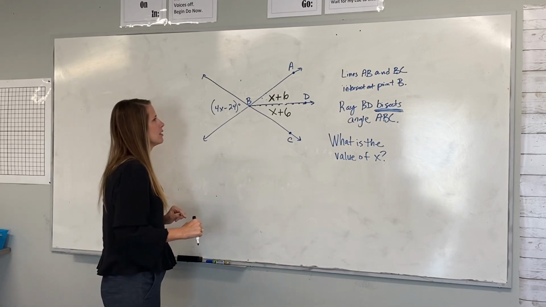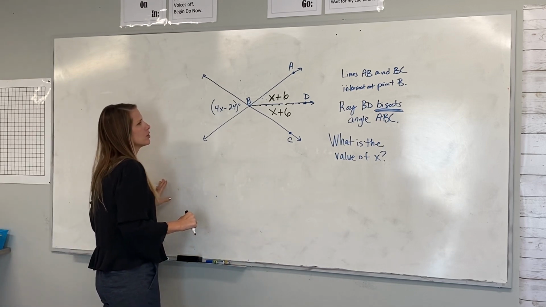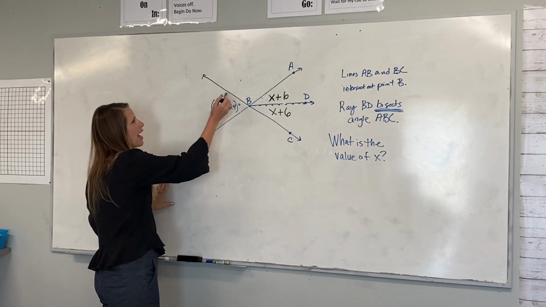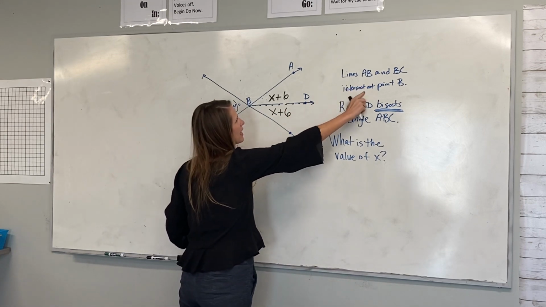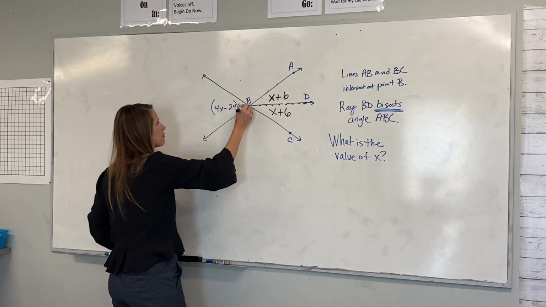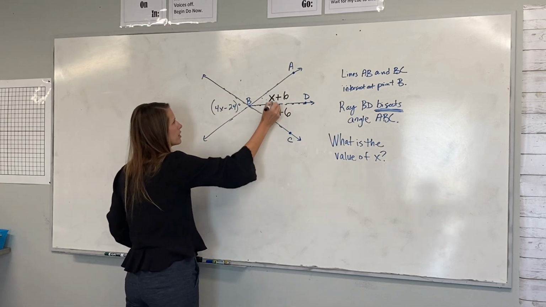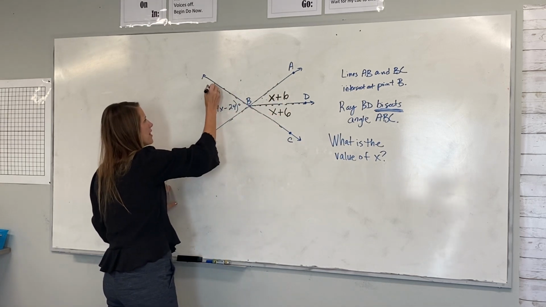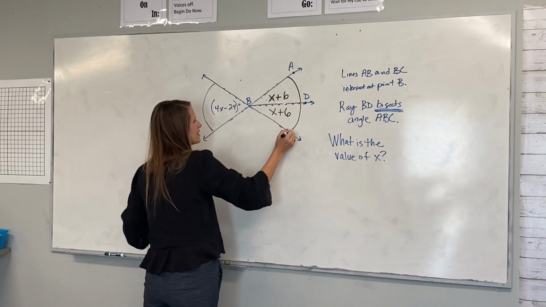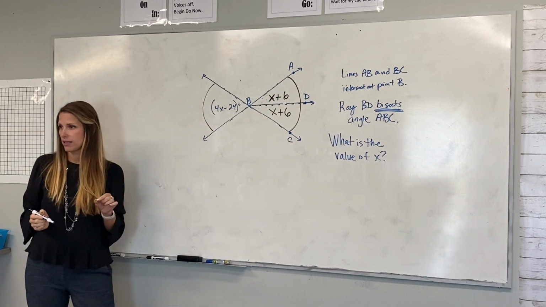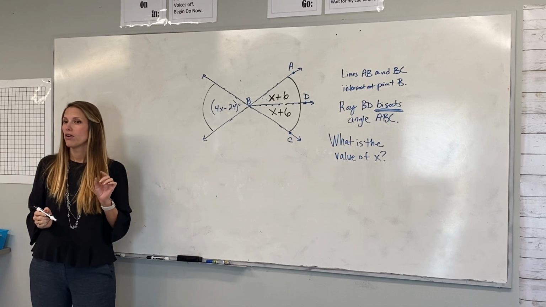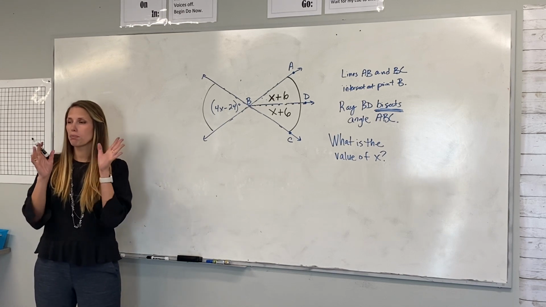Okay. Now, because it says that these lines intersect at point B, do you agree? What do we call this angle and this angle? It starts with a V. They're called blank angles.